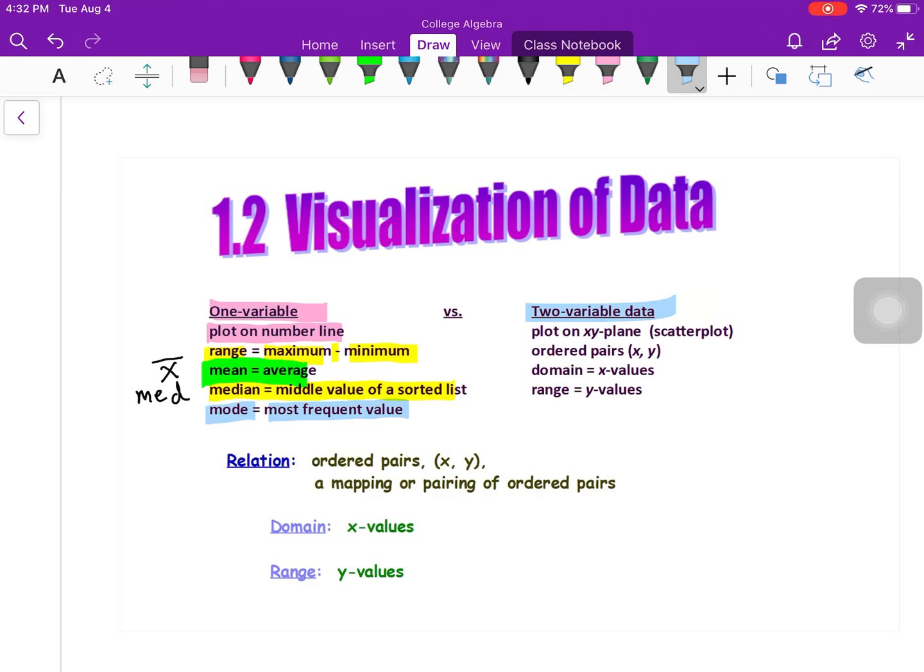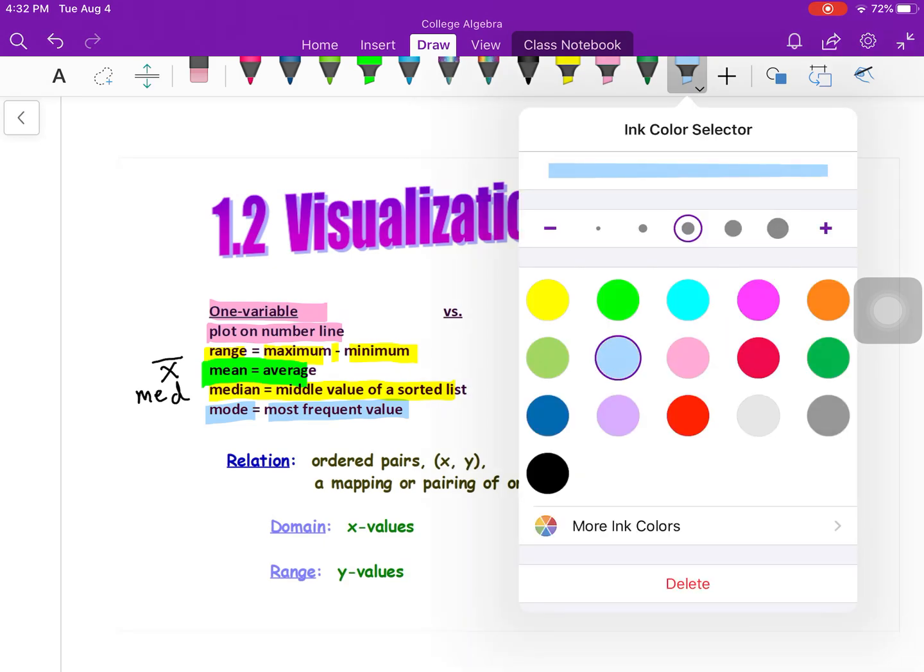And last is our mode. The mode is the number that occurs the most frequently, the number or numbers. So if a number occurs 3 times in the set of data, that number would be considered the mode. If 2 different numbers occur 3 times in the data, and that's the most often, both of those are called the mode.